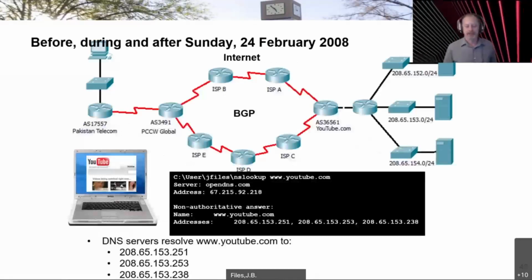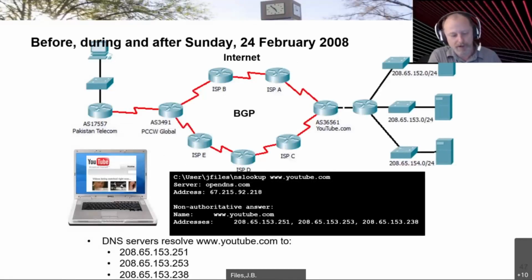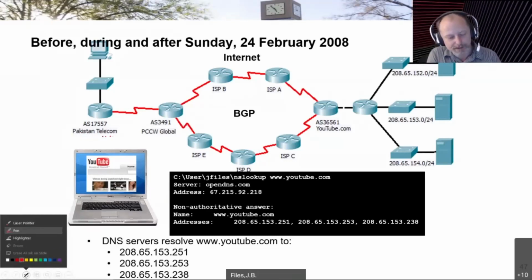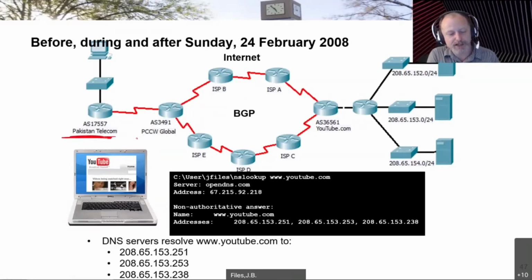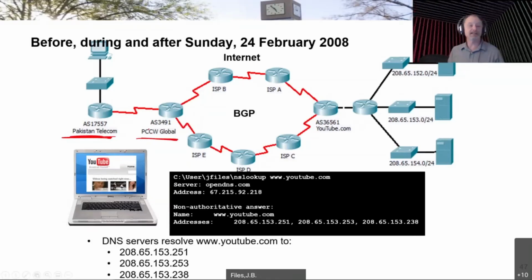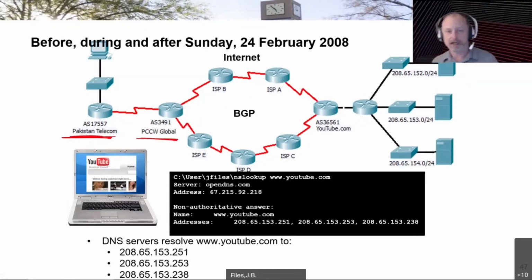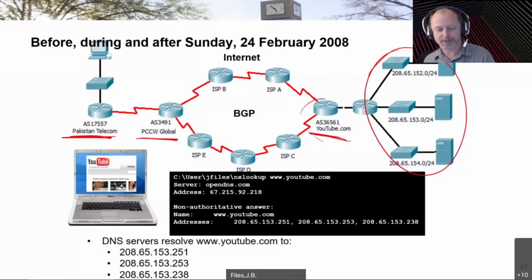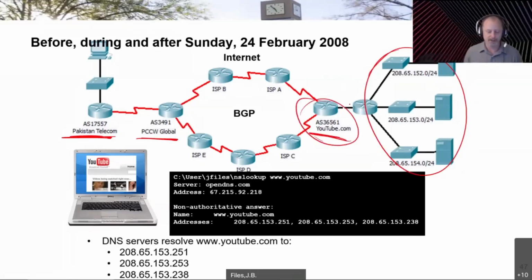Well, let me draw a picture. Over here, Pakistan Telecom, this is their upstream PCCW Global. That's their service provider. This is YouTube, youtube.com, AS36561.